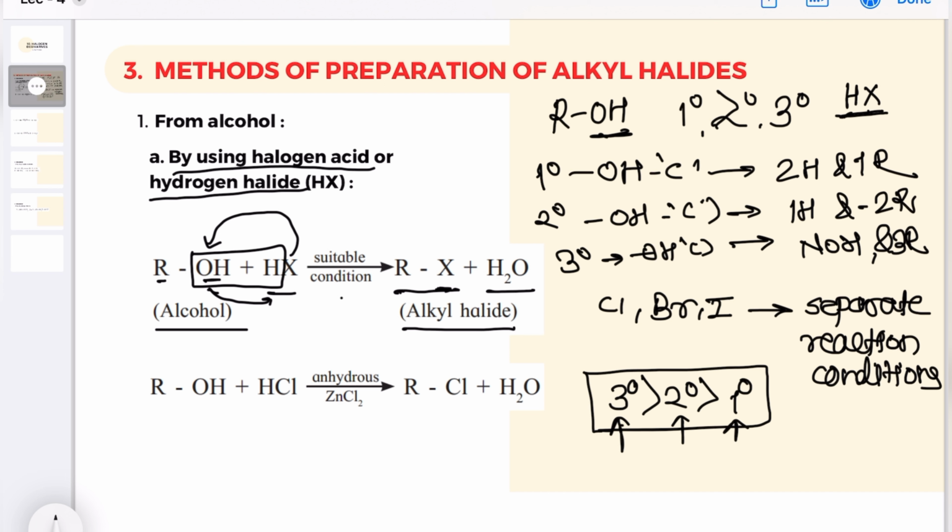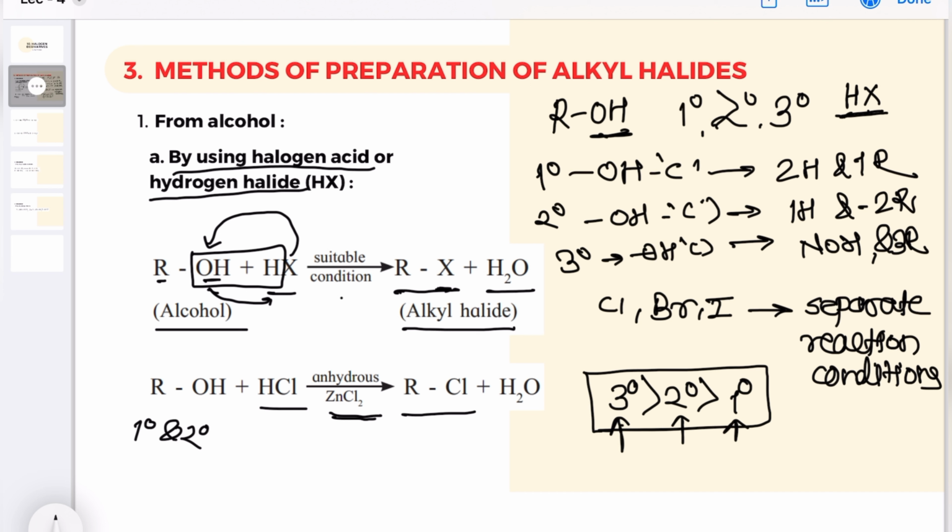In the next reaction, if we prepare alkyl halide as a chloride, that is alkyl chloride, then what type of reaction conditions are there? Hydrogen chloride is used with zinc chloride for the primary and secondary alcohols. If the primary and secondary alcohols react with HCl in the presence of anhydrous zinc chloride, then alkyl chloride forms with a water molecule.